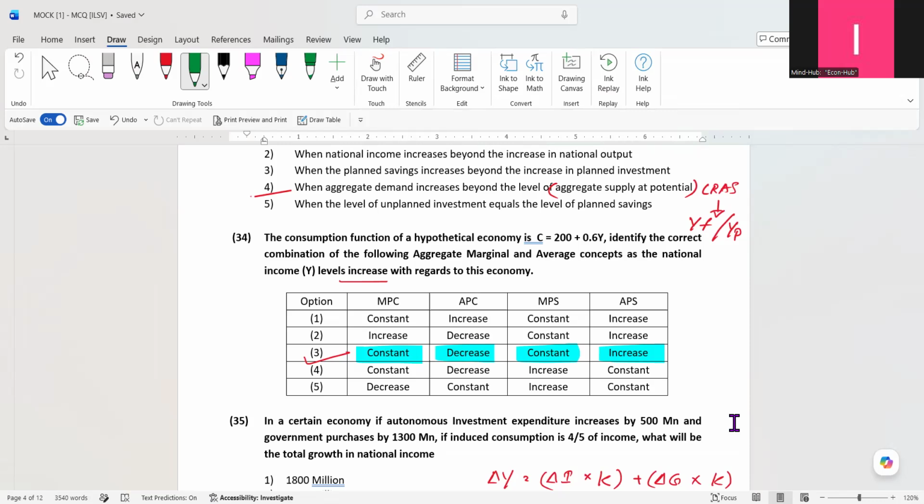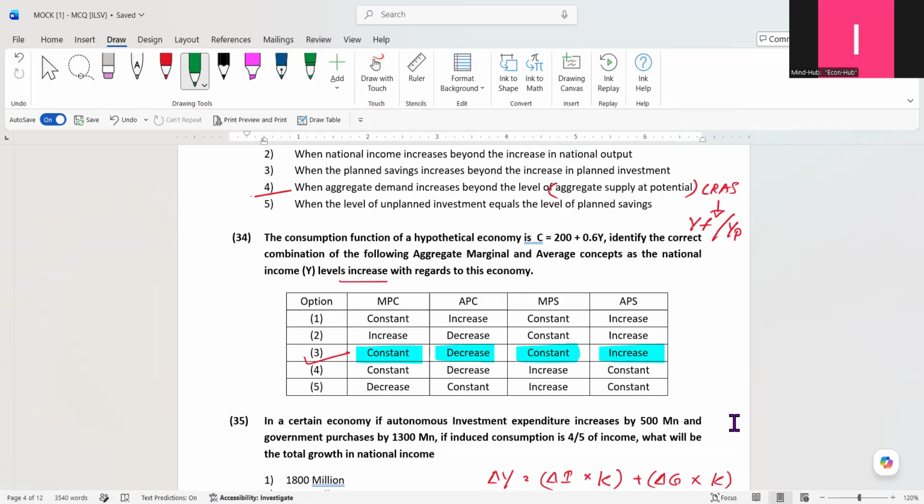Marginal propensity to save is the slope of the savings curve or function. Whether it's a consumption function or savings function, they are linear, straight lines. On a straight line, the slope does not change. In other words, MPC and MPS values are constant. Then what is the relationship between APC and income? APC and income, negative relationship.